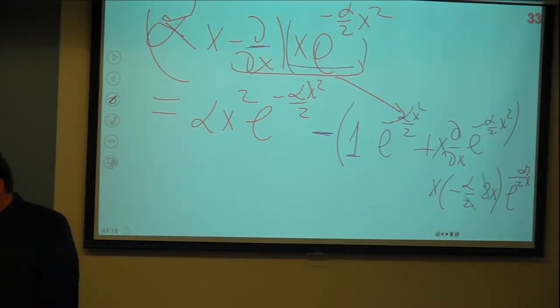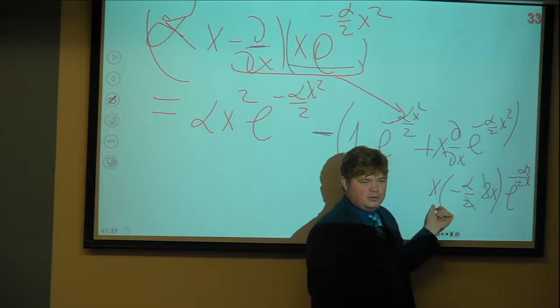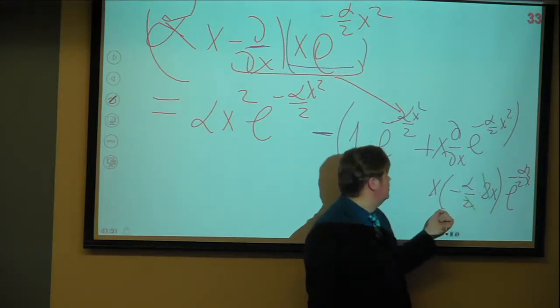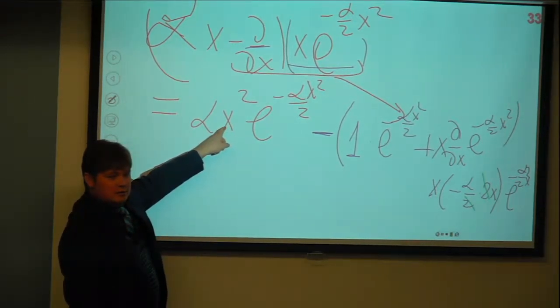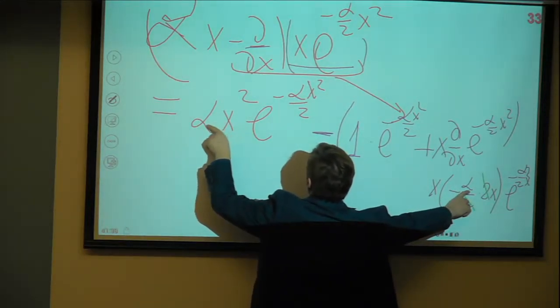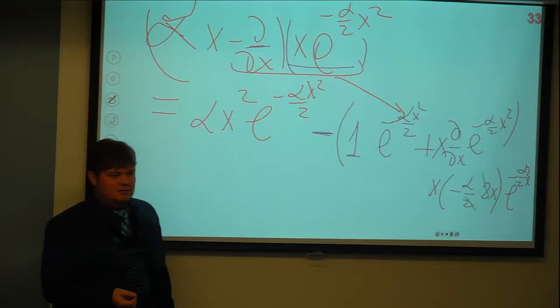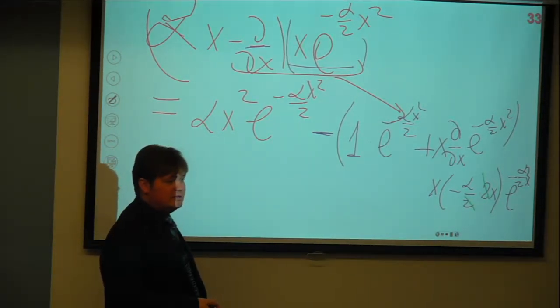And we are coming to an interesting observation. What is the power of this polynomial? In which power does x come up? Squared. In which power does x come here? Squared. What is the factor in front of it? Alpha. So it will either cancel or add together. Is it cancelled or added together? What do you think?